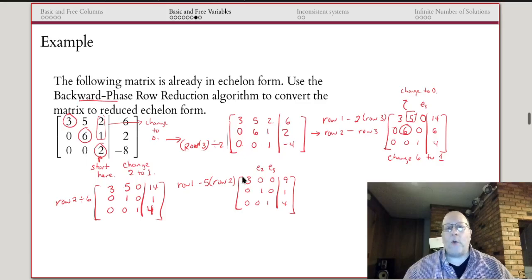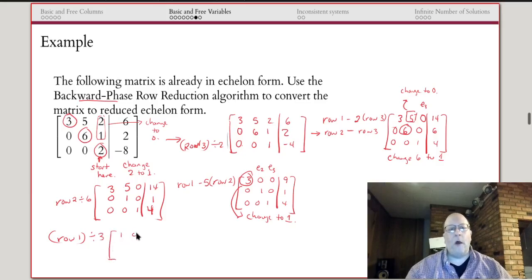So we work backwards to our first leading entry, and we have to change this leading entry into a 1. And that's easy. We'll take row 1 and divide it by 3.